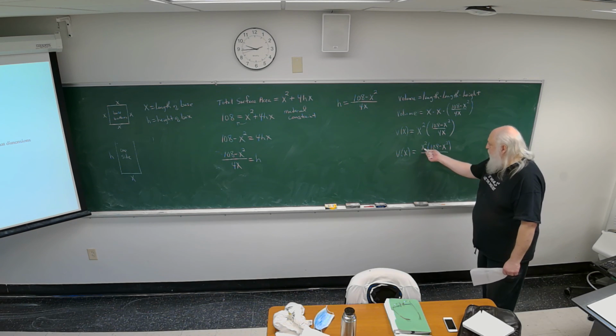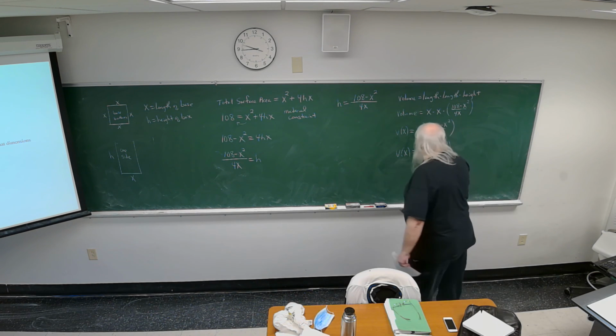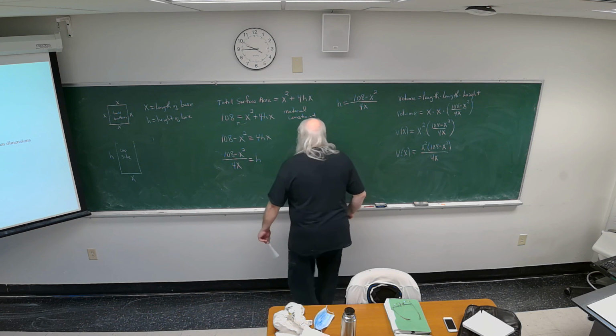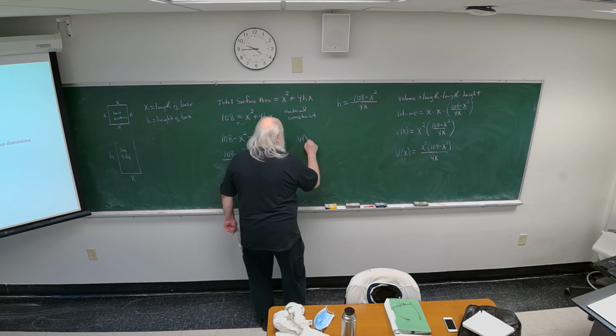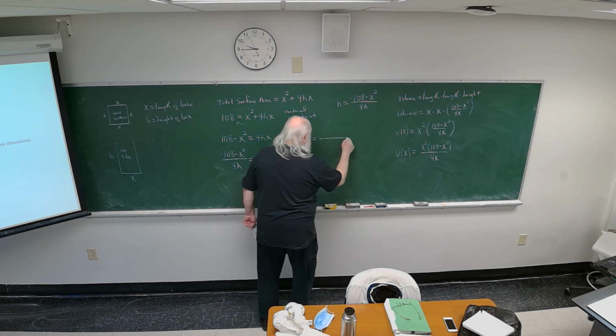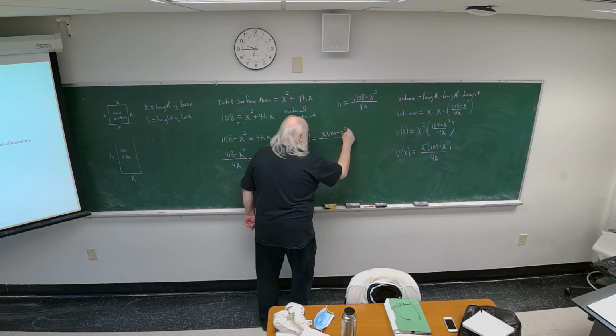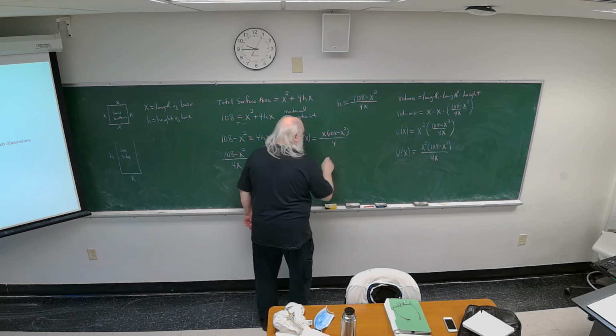I could have left this as x times x and shown that one of the x's cancels out this x. And I'm left with the volume V of x is equal to x times 108 minus x squared over 4.